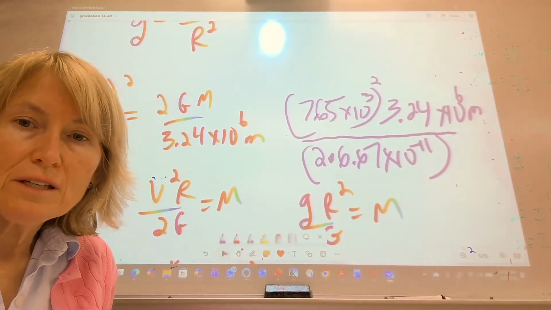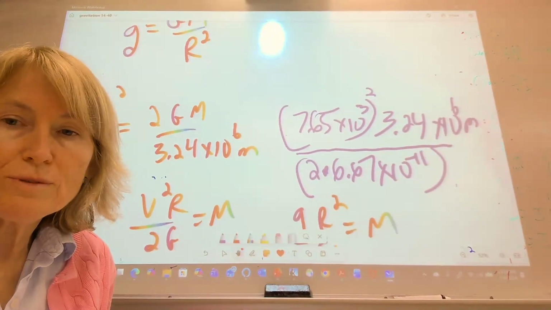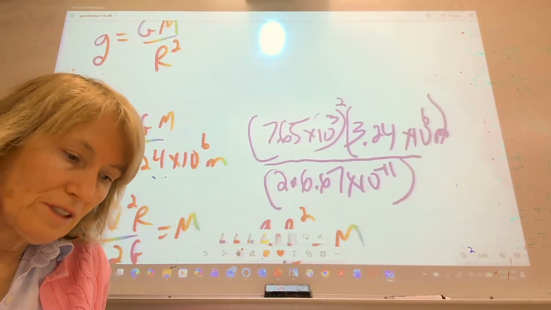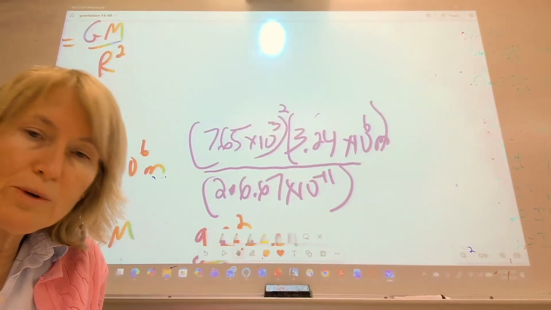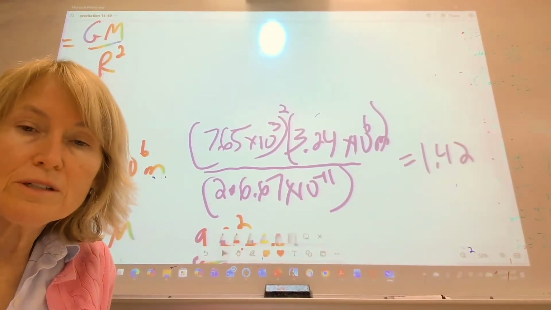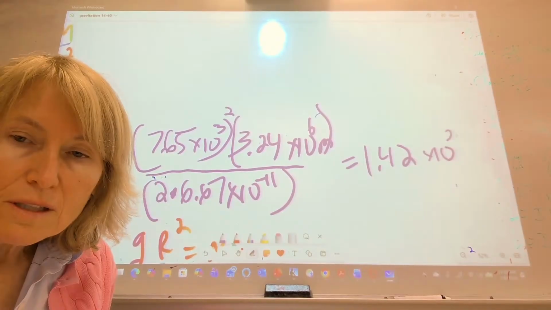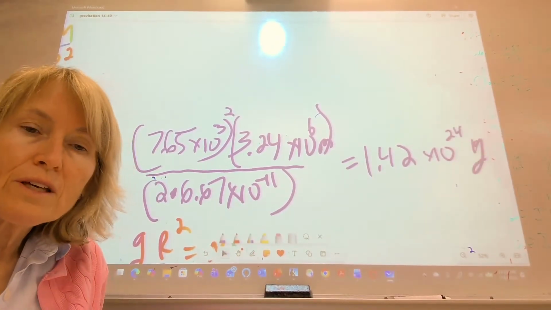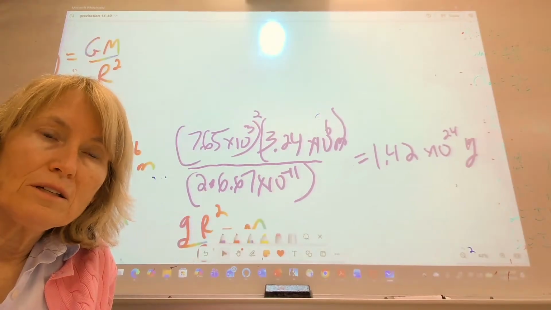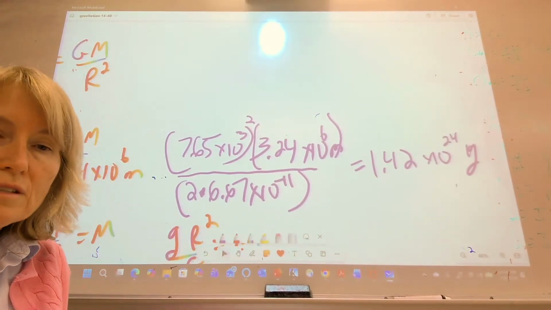7.65 times 10 to the third squared times 3.24 times 10 to the sixth divided by 2 times 6.67 times 10 to the minus 11. You should get 1.42 times 10 to the 24. Once we have that, we can get our g, because g is GM over R squared.